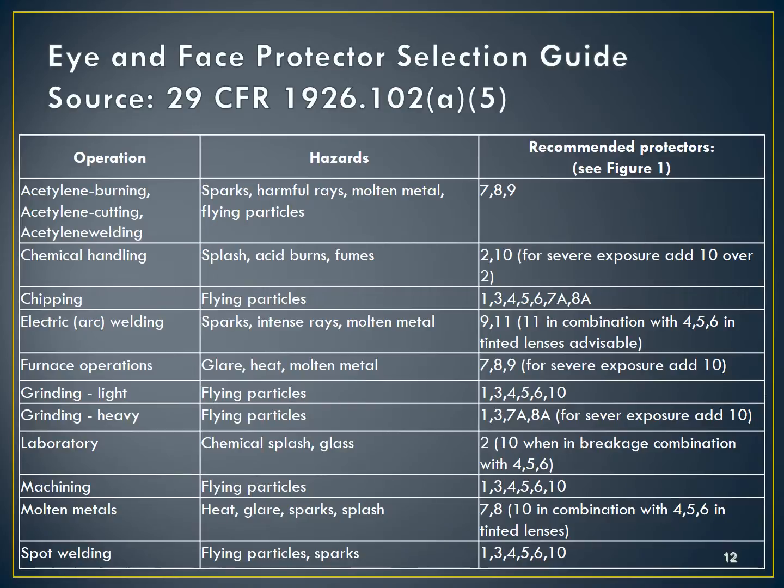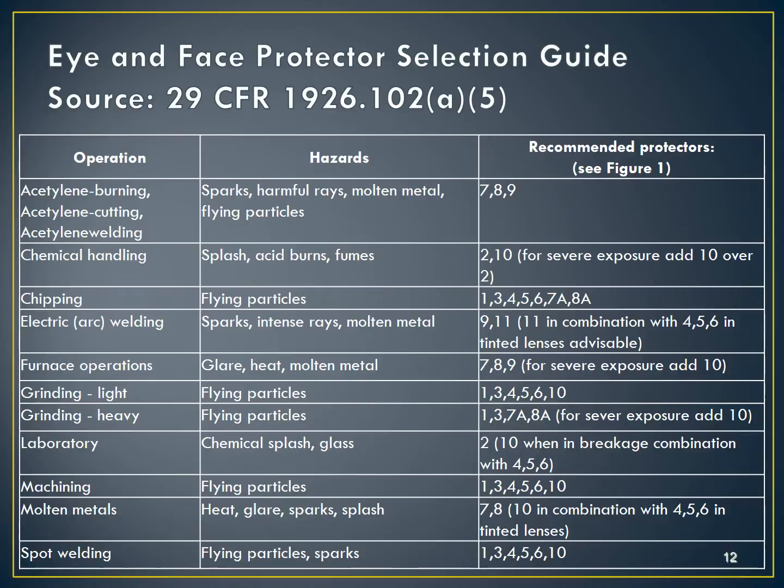Okay, so the operation, let's say, is going to be electric arc welding. And so what we do is we just follow it across and look at the hazards. With that, obviously, it's going to be very intense rays. You're going to have sparks flying, and there's going to be molten metal in there.